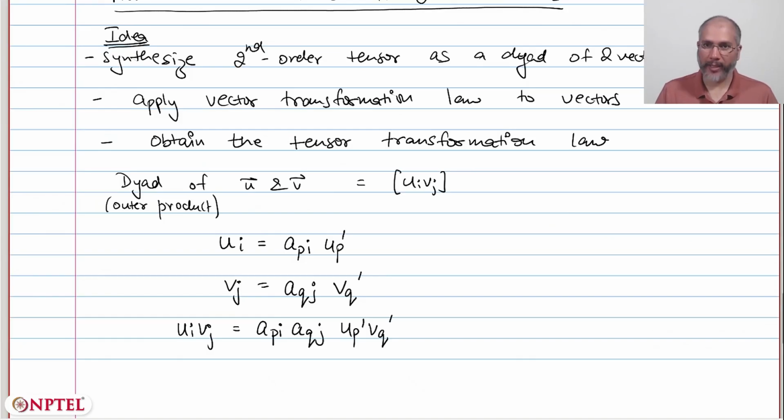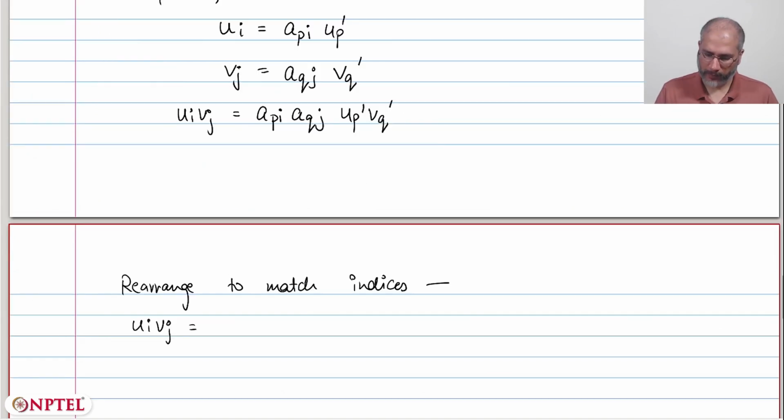Now we will do some rearrangement to match the indices. So instead of writing api, I'll write this as the i comma pth term of A transpose. Then I'll keep up prime and then vq prime and then aqj. So I want to see this as a matrix multiplication.